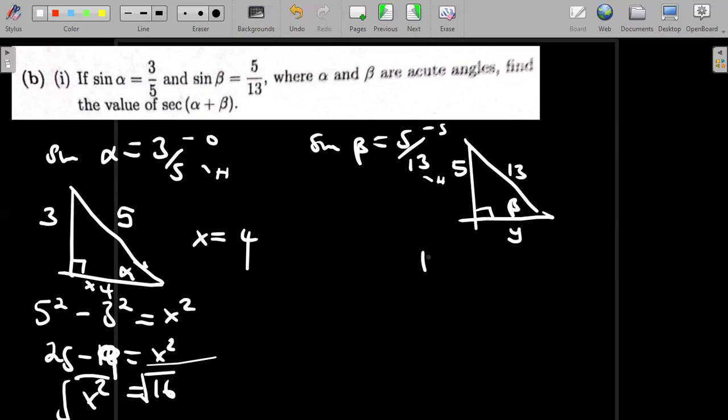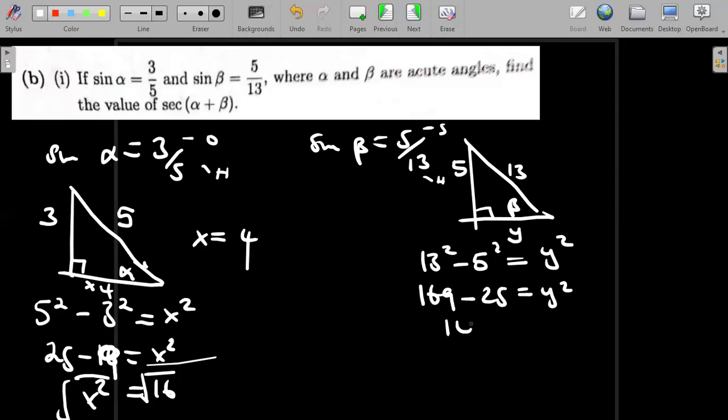So we do the same, 13 squared minus 5 squared, by Pythagoras' theorem. That is 169 minus 25 equal to y squared, and this is 144 equal to y squared. Introducing the square root, I get that y is equal to 12.